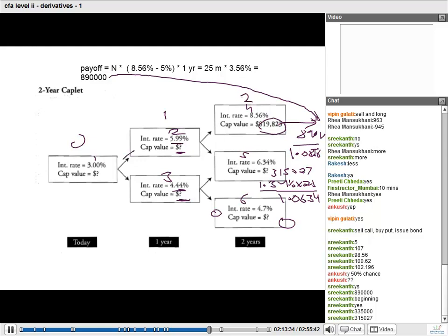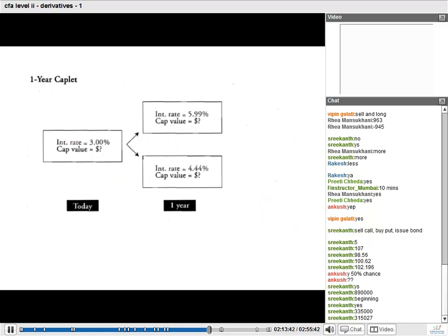Again, 50% chance of node 2, 50% chance of node 3, discount it back by 3% to get the value at t equal to 0. Let's see the calculation.